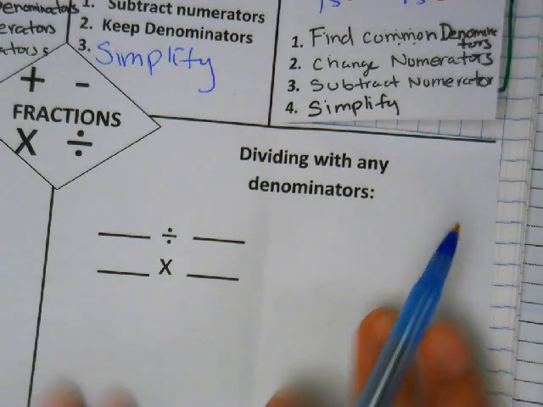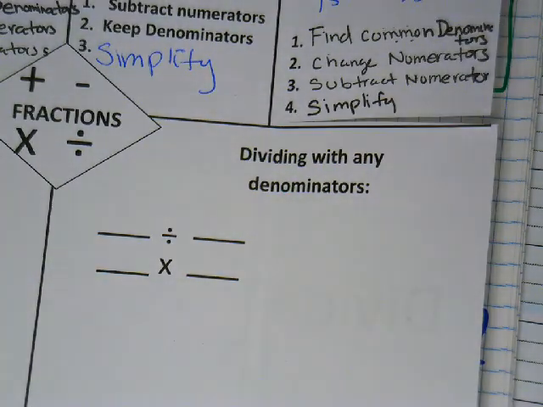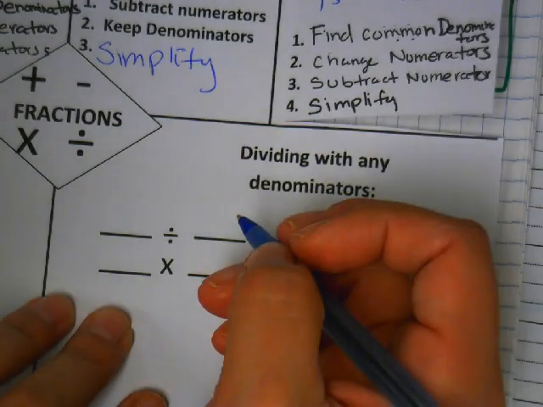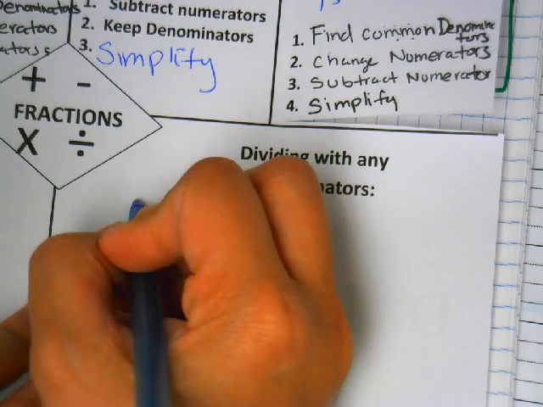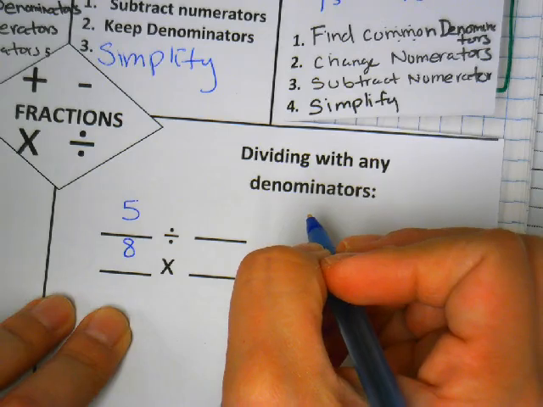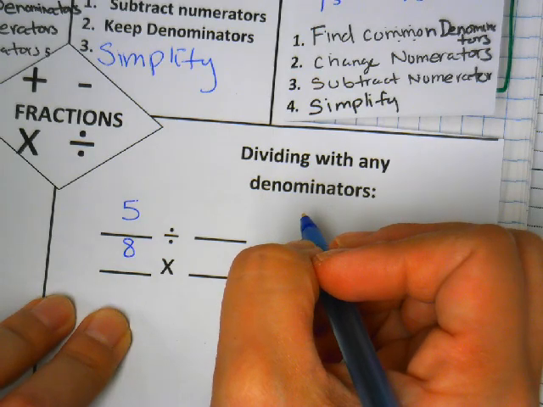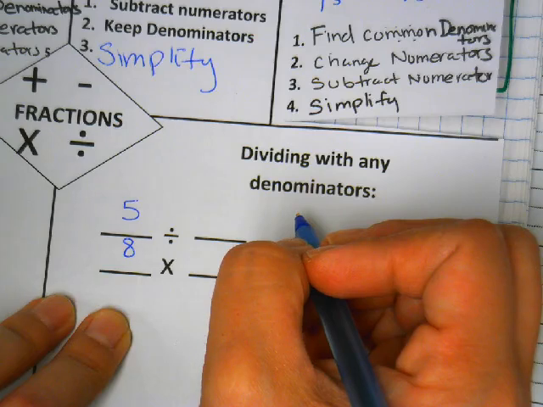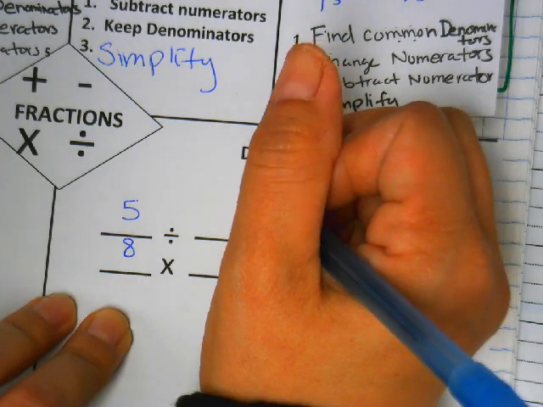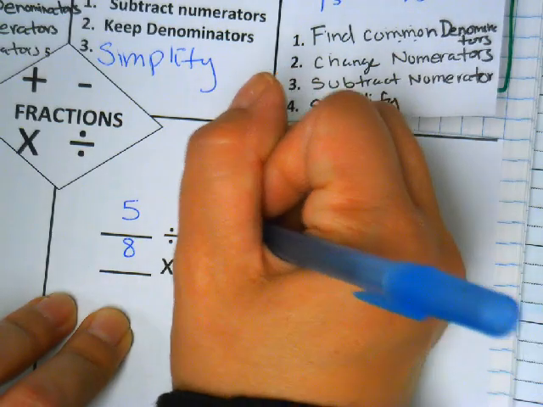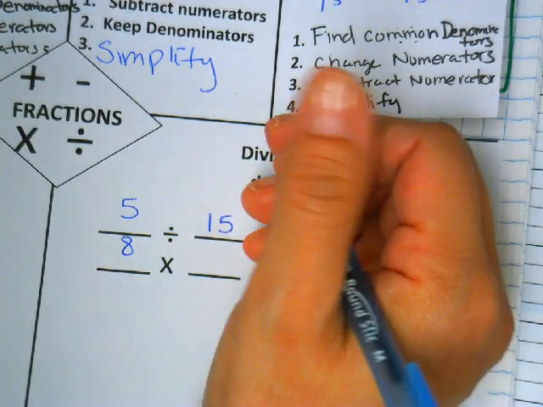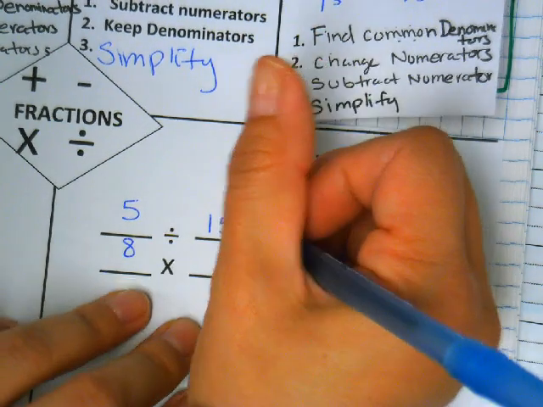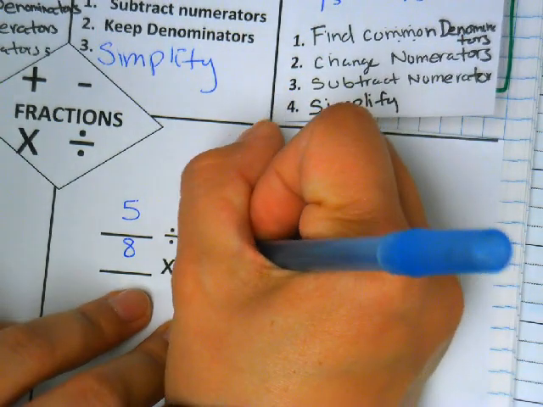All right, dividing with any denominators. Let's see, what would be a good fraction to use? 5/8 and 2/7. Wow. I'll take your 5/8.